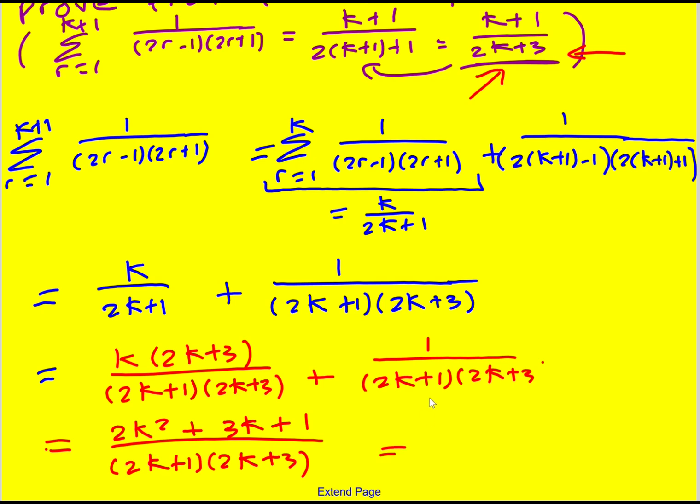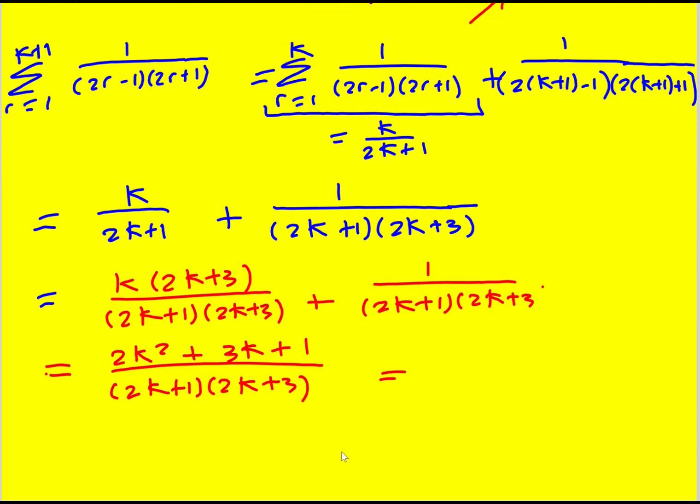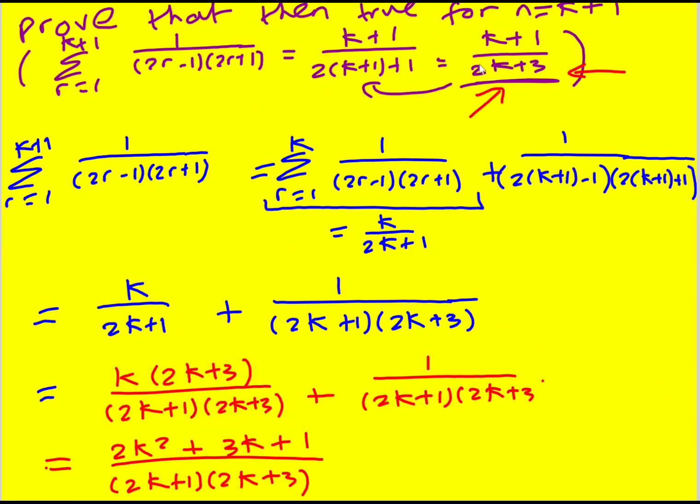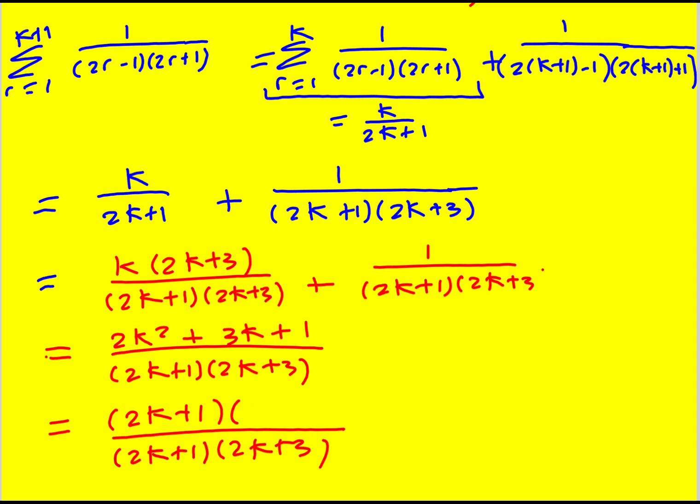And then on to the next line actually, sorry. Now I know if this is going to work that the 2k plus 1 is going to cancel. So when I factorize it, that's what I'm going to try and get in the top. So then I'll need just a k plus 1.